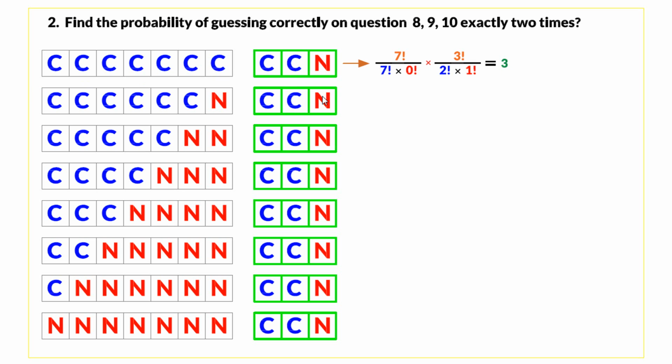So for the second sequence we have to permute this sequence CCN and we have to permute the other sequence, and we multiply the results together according to the multiplication principle, and we get 21 possible outcomes.